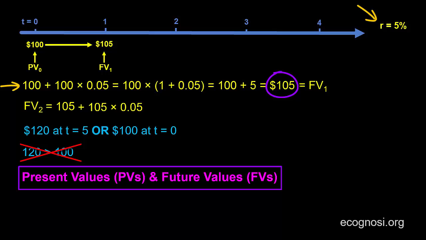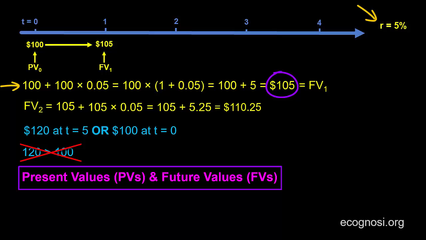So this equals 105 plus 5.25 interest received for a final amount of $110.25. You can use a calculator for this one. So we got our future value at t equals 2.